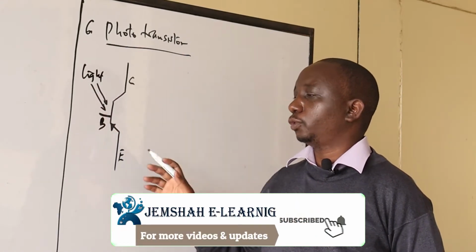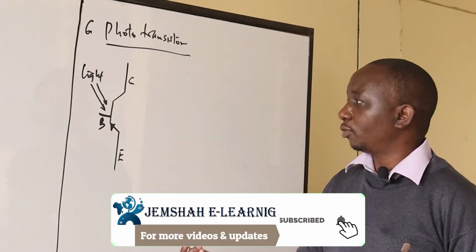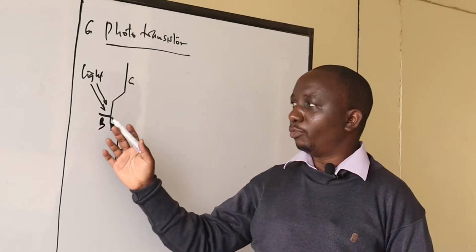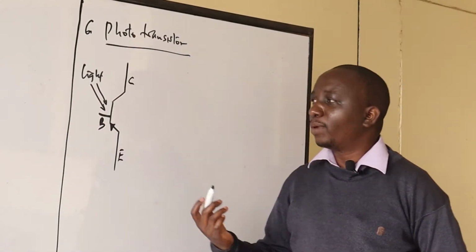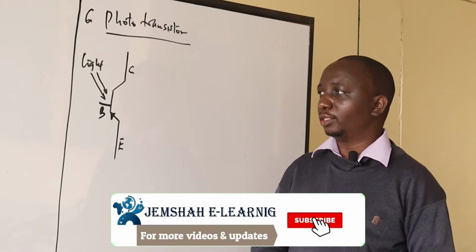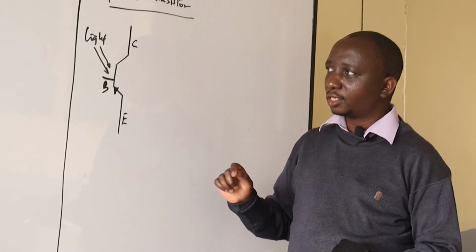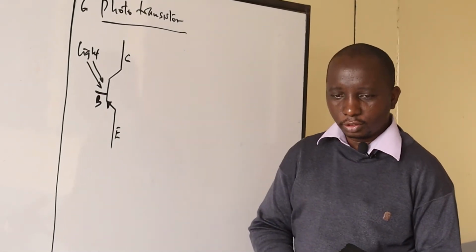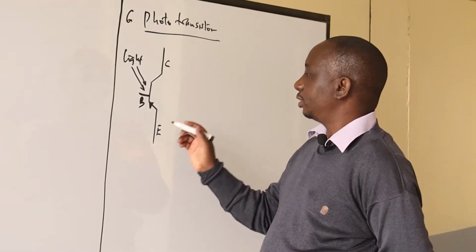That becomes photo, because light is incident to the base. The principle of switching operation is that the light must be incident to the base. And you know, from a normal transistor, we must have the bias current at the base. So that required bias current will be provided by the incident light. So this is just a light-sensitive transistor.